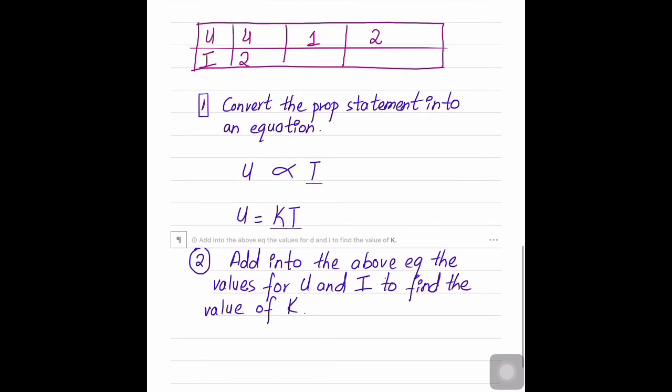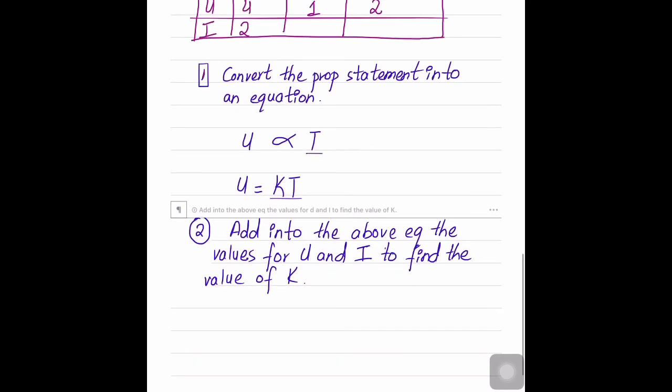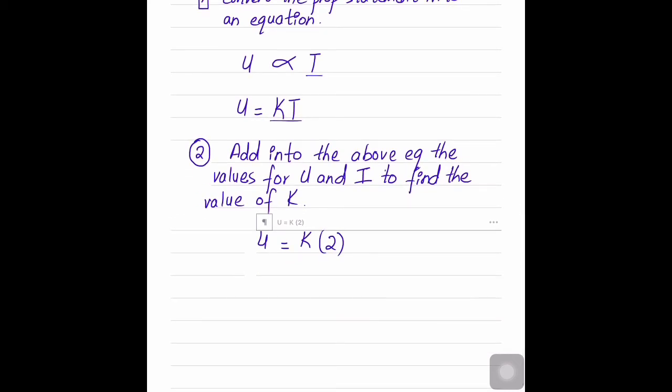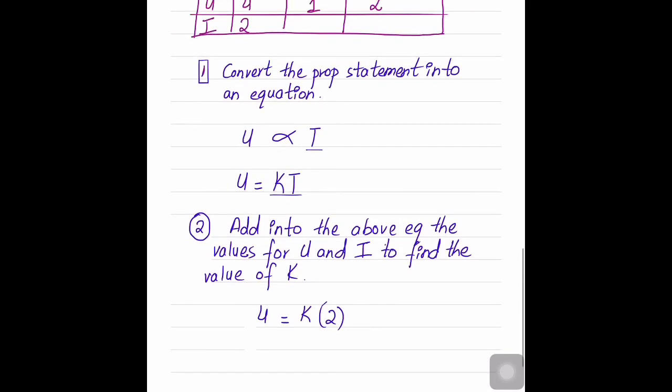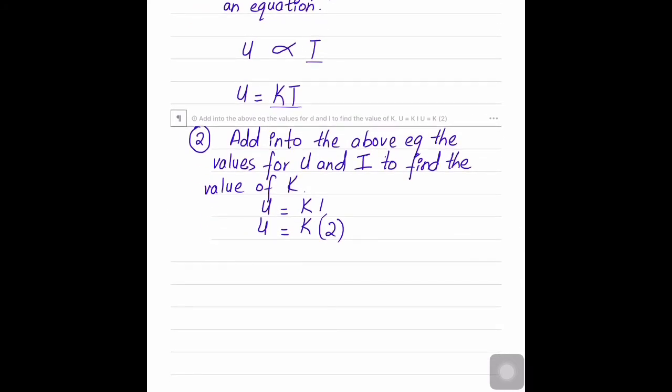So let's do that. We have that u is 4 when I is 2. So when we add in the values within the equation, because our equation is u is equal to kI, the value for I is 2, so we replace it with 2, and the value of u is 4, so the equation is 4 equals 2k.